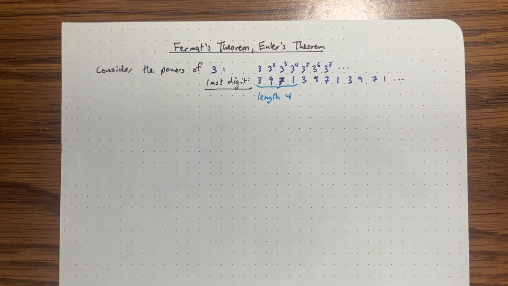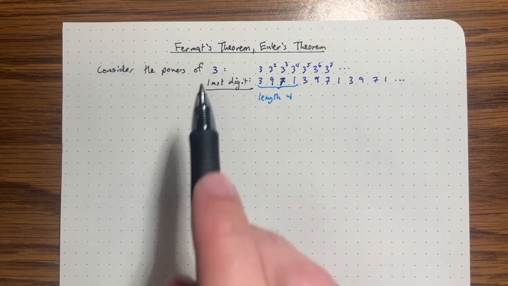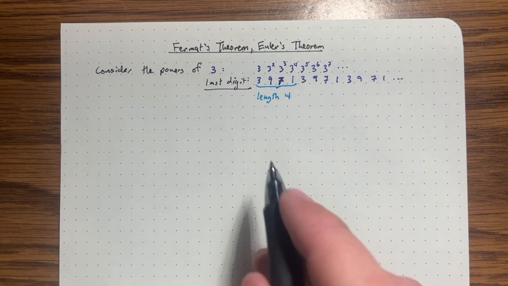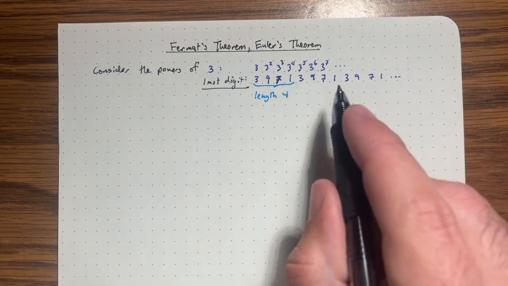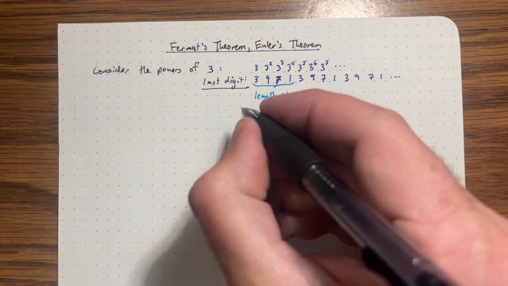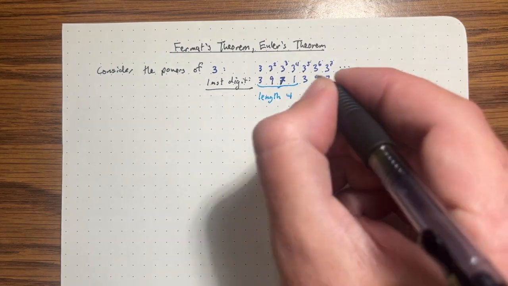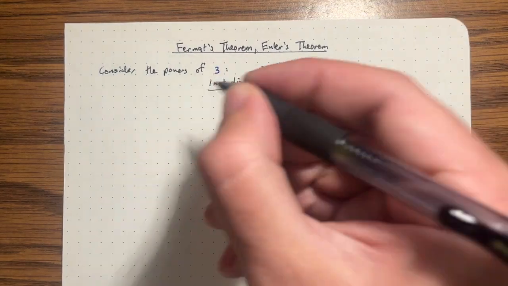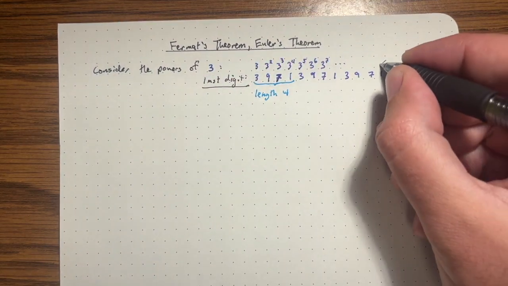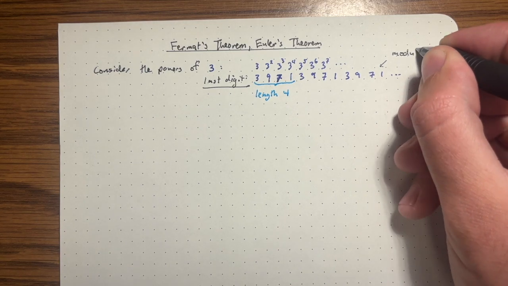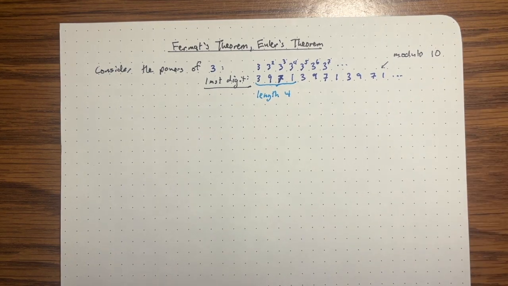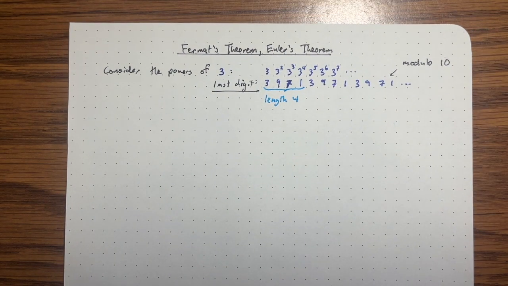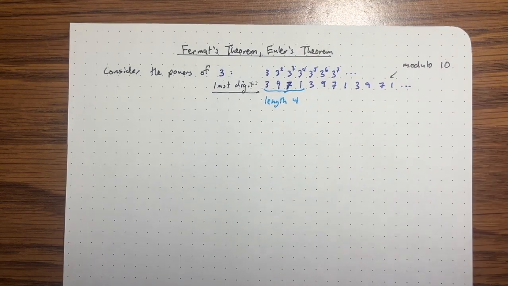It's a bit strange. When we're looking at the last digit of powers of 3, what are we doing exactly? We're looking at this sequence modulo 10. So this is basically modulo 10 arithmetic. But still, what does the number 4 have to do with 10?